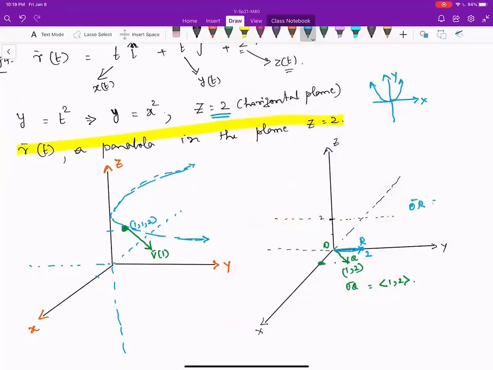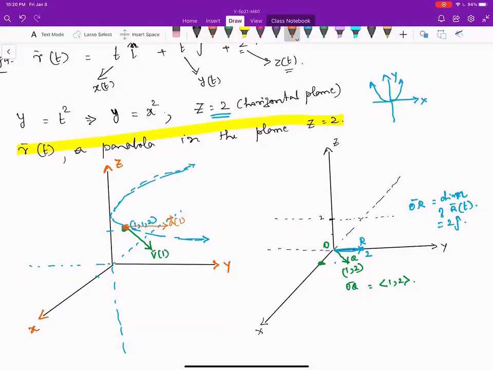OR is the acceleration vector, the direction of the acceleration, which is 2j. So your vector here should start at the point 1, 1, 2, and it should be parallel to the vector OR, the acceleration vector. So it will be like this, which is nothing but a at 1.